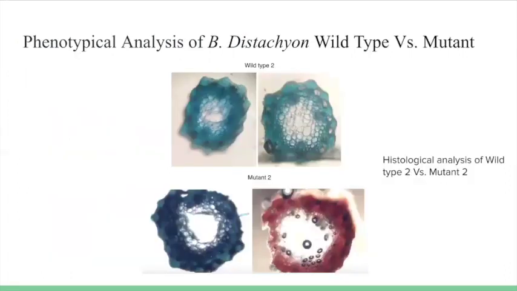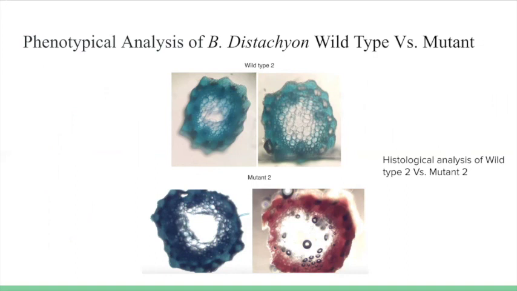And our next step using that information was to conduct the phenotypical analysis of our samples, comparing our wild type stock to our mutant stock to see if there was any phenotypical differences between the two. We didn't expect there to be any because none of our previous literature and none of our previous data showed that the phenotype would be affected by our mutation.